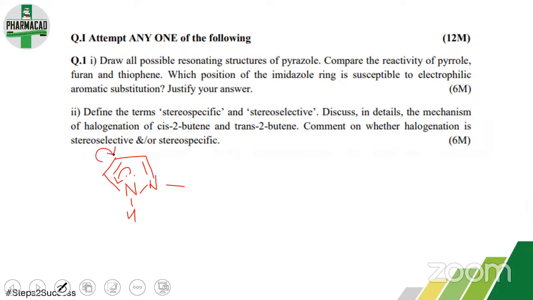At that time, this pi bond will get shifted over there. So first we will get this with NH. When we have this double bond over here, this nitrogen will get the positive charge, and it is with negative. After this, this will get shifted over here, and this double bond will get shifted over here.